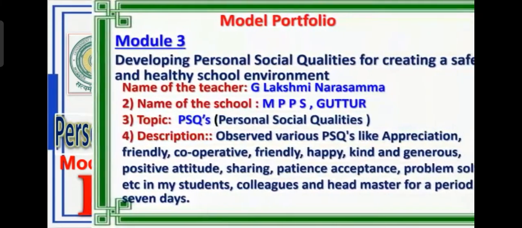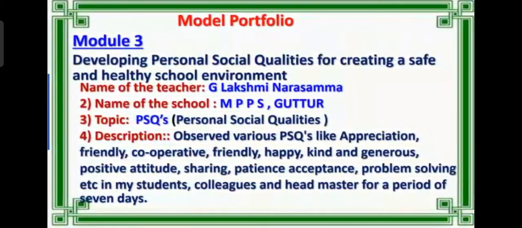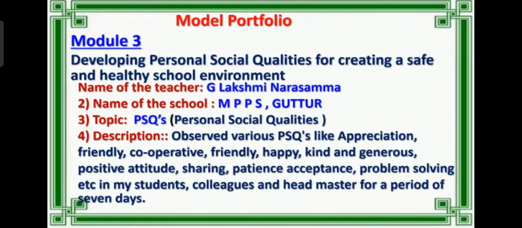This is the model portfolio from module 3. Here we have to develop the personal social qualities for creating a safe and healthy school environment. The name of the teacher and name of the school are as usual, and the topic is PSQs, that is personal social qualities. Then we move on to the description.